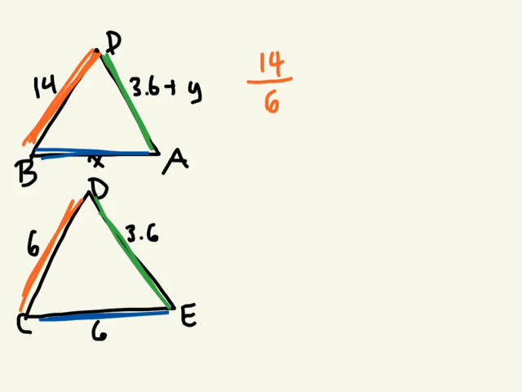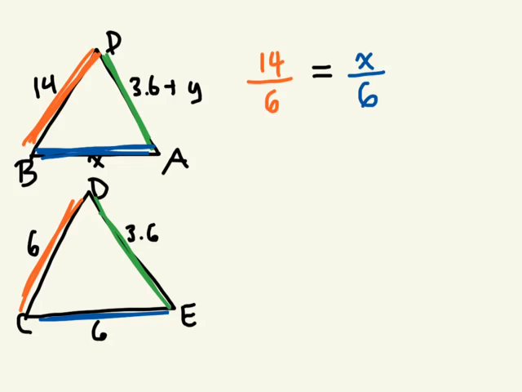Let's do x, okay? 14 over 6 should be equal to, you always have to go in the same order. I'm going from triangle 1 to triangle 2, okay? So should be equal to x over what? 6, good. Can you solve for x? Cross multiply.